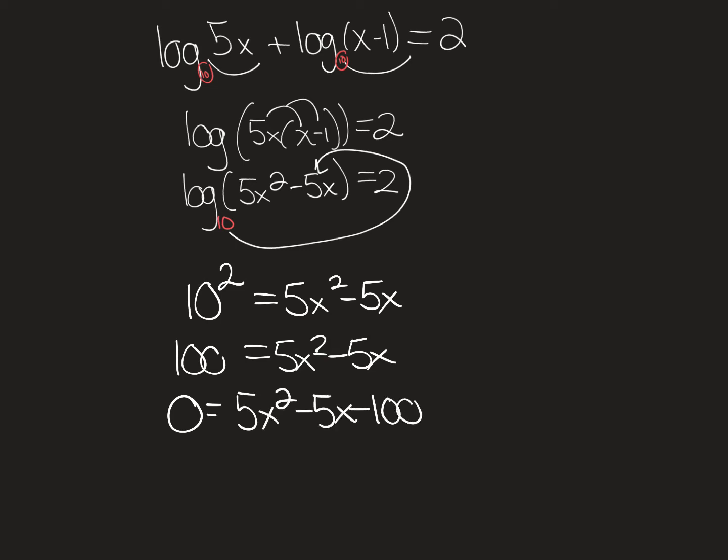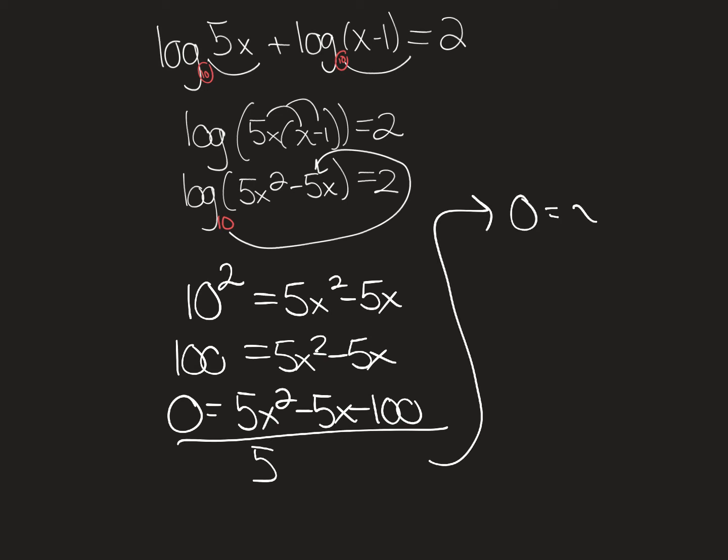I moved my 100 over. I'm going to divide everything, both sides, by a 5. So I'm going to get 0 equals x squared minus x minus 20. You're going to then factor. So 0 equals x minus 5, x plus 4.